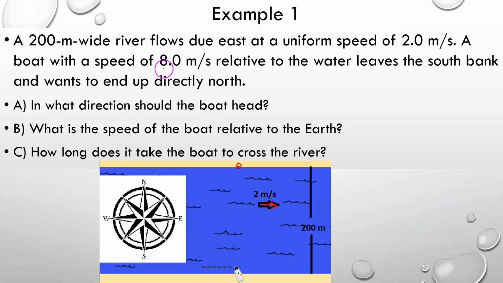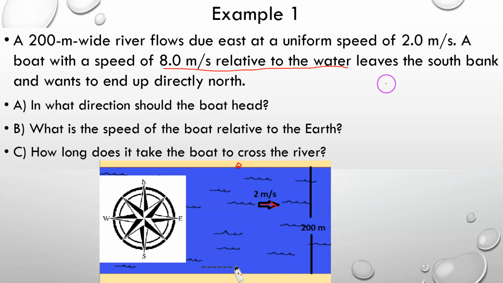Let's look at this phrase, 8 meters per second relative to the water. So remember, relative to the water means that's how fast the boat can travel in still water. So if there were no current, then the boat would be able to just travel at 8 meters per second at whatever angle.